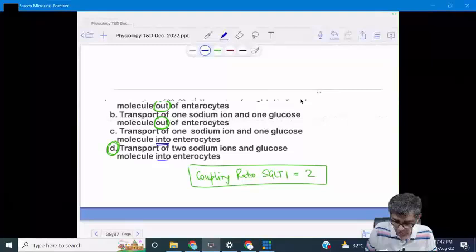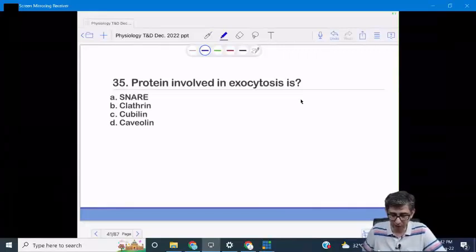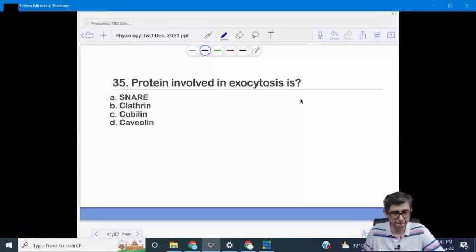Coming to 35. Protein involved in exocytosis would be which of the following? Exocytosis would mean that the products are going out of the cell. Clathrin and caveolin, they both are related to endocytosis.